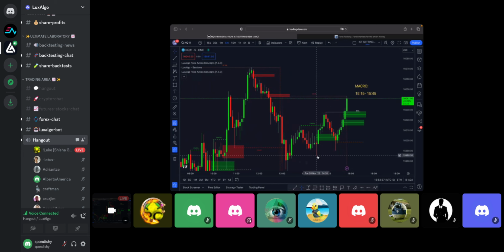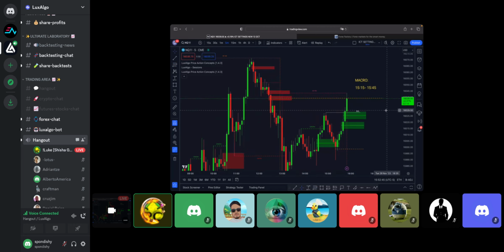Pay attention here. Pay attention to this line, which is the 50% of this fair value gap. If you want to go higher, we shouldn't hesitate. We should pump higher. We should have speed. If we respect it and struggle to go above it or stay around it, we're probably going to go down.